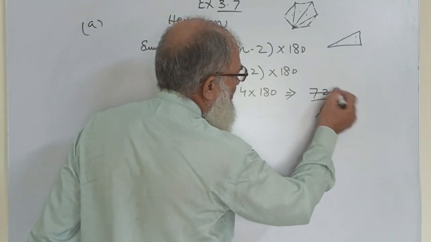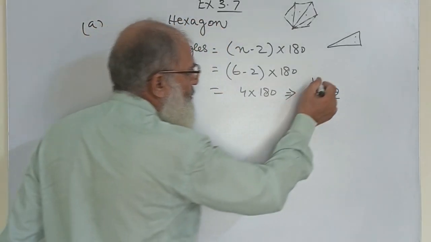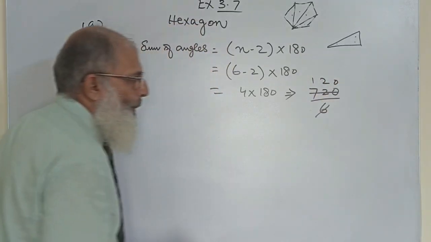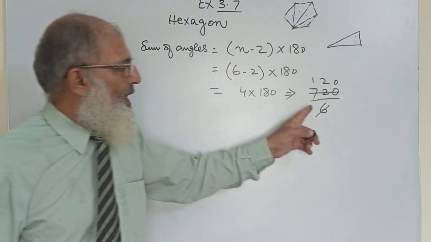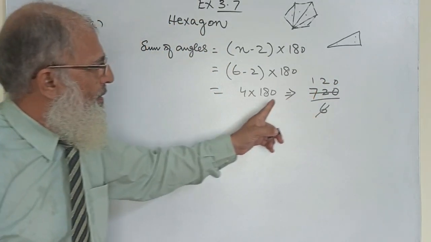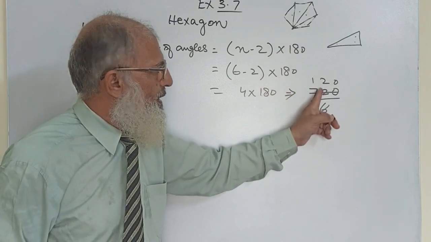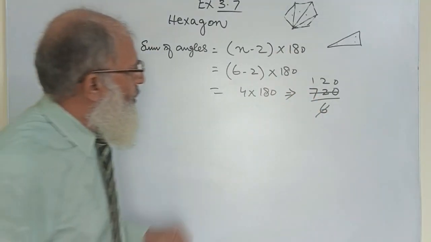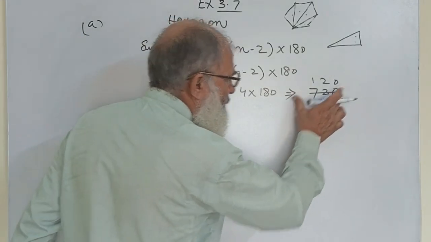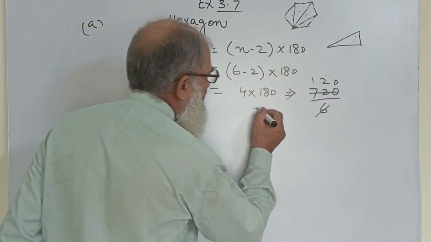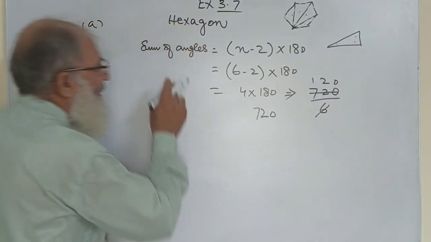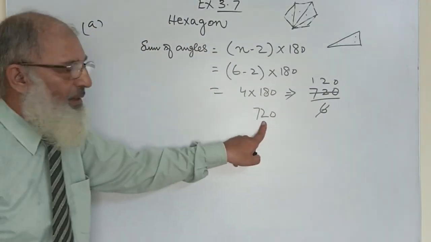So we have found the one angle out of it. But so far our answer is 720, which is the sum of angles.